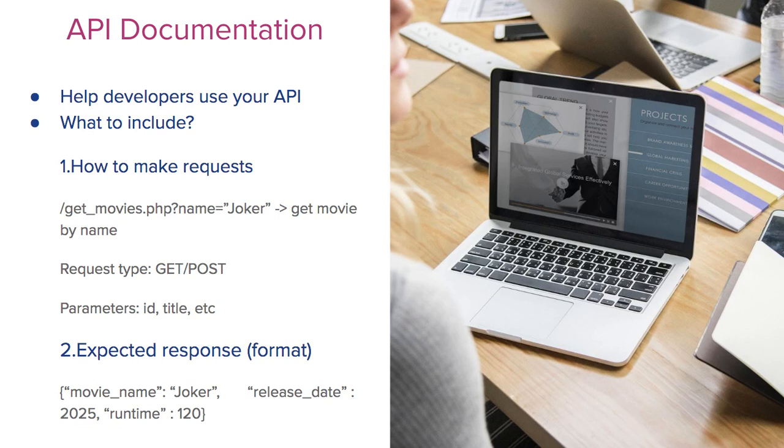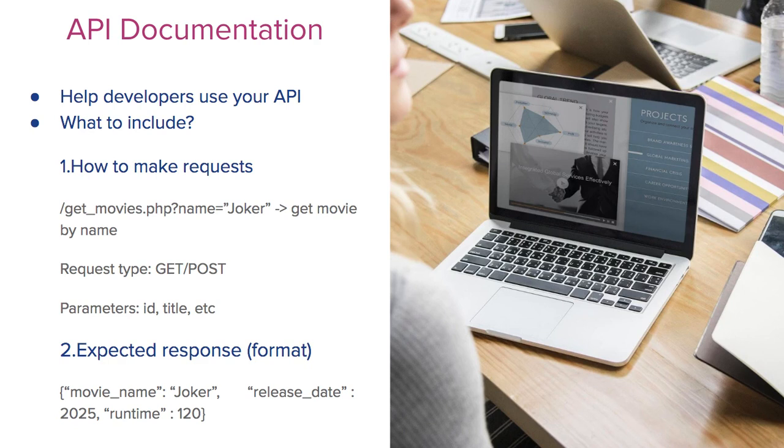And also you need to tell them about the parameters that they must pass in each single endpoint you have. So we have get movies, create movies, update movies, delete movies. You need to tell them if they need to pass parameters or not.